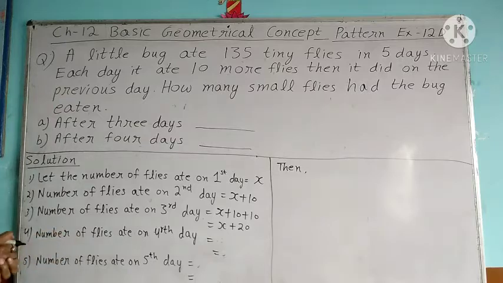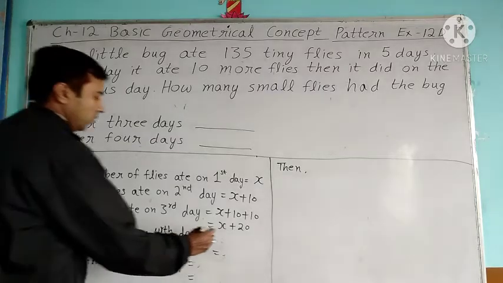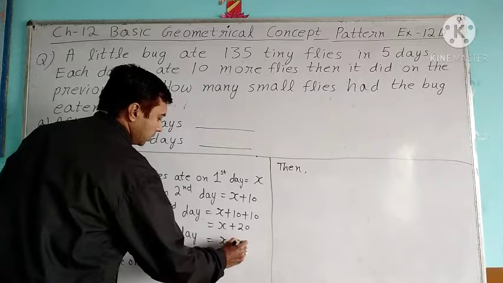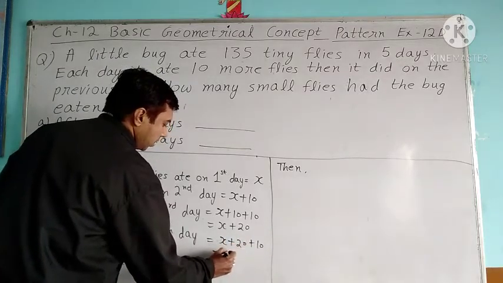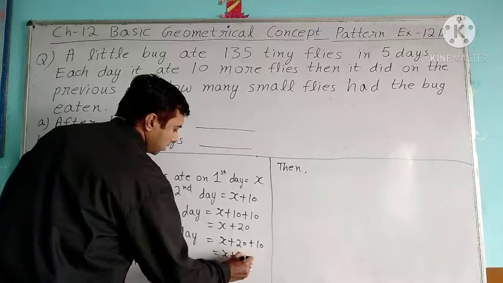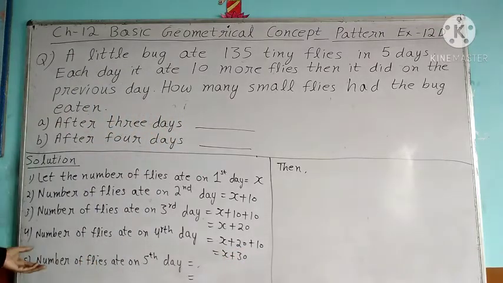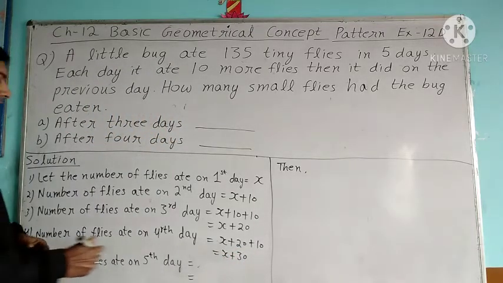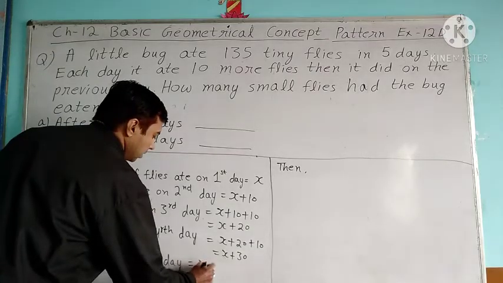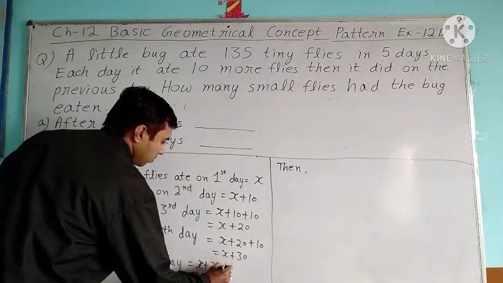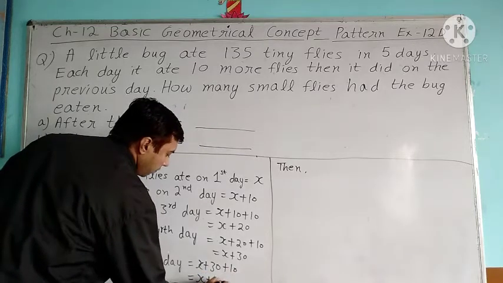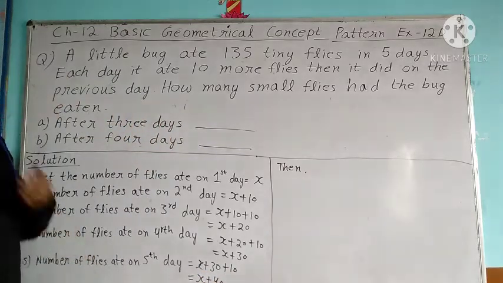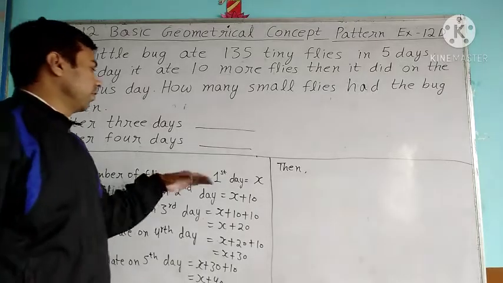Number of flies eaten on the fourth day: x plus 20 plus 10, x plus 30. Number of flies eaten on the fifth day: x plus 30 plus 10, x plus 40. Clear?